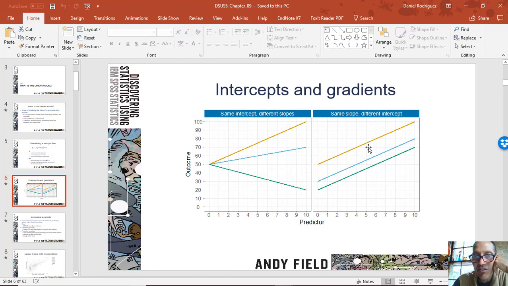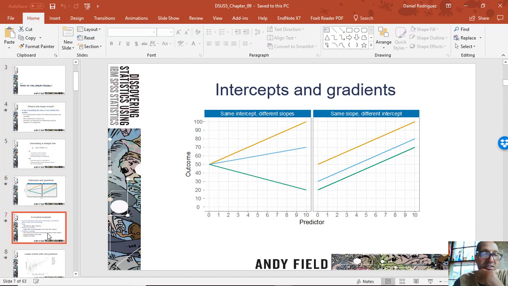So gradient is a slope. You can have the same slope, because it's the same rate of change, rise over run, as you remember from high school, but the lines intersect the y-axis at different points, so they have different intercepts. Here you have the same intercept but different slopes: a positive slope, a slightly less positive slope, and a negative slope.